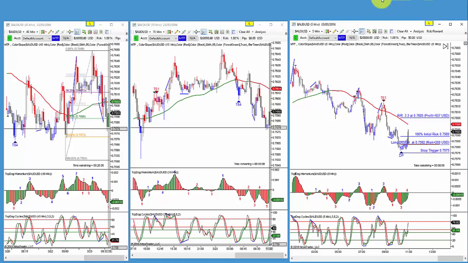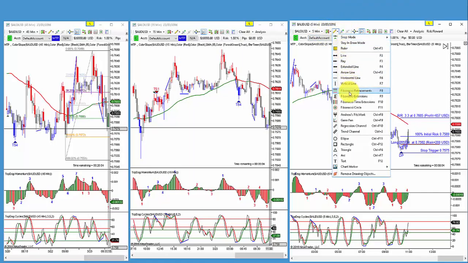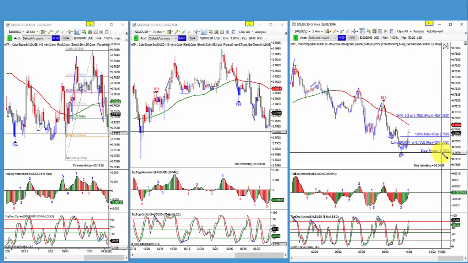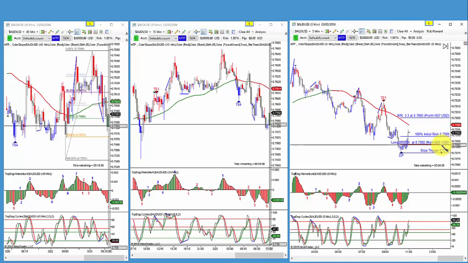At the same time as doing that, I don't want to be risking any more than I need to on this. So now we know where the levels are.